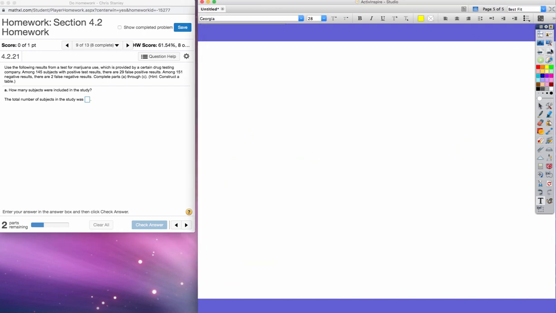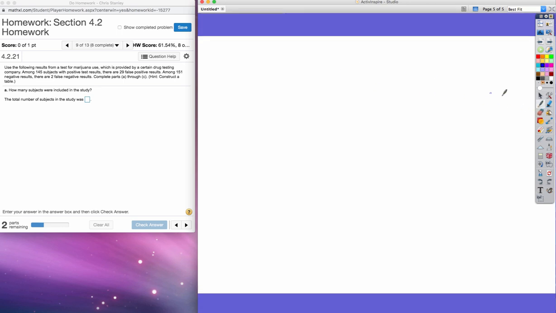So here we have to construct the table. Okay, so to construct the table, you're going to have negative or positive results. And they said that there were 145 positives. Okay, false positive, but this would be no use.